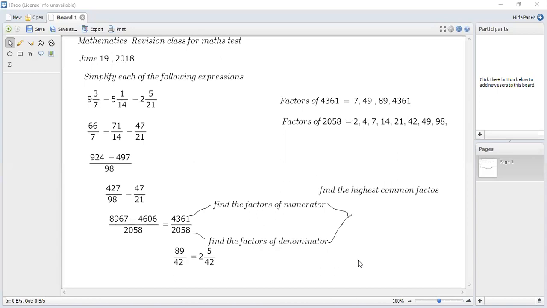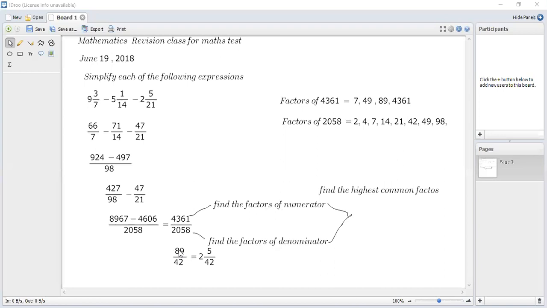What you missed, Melissa, is that when you find the highest common factor, you must use it to divide both the numerator and the denominator, so you can break it down into its lowest term. Is that clear? And when it can't break down further, it is in an improper fraction state.